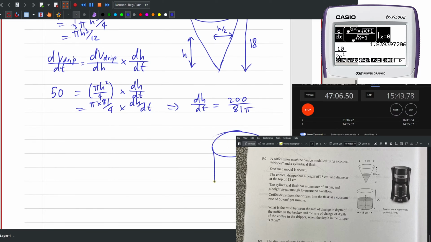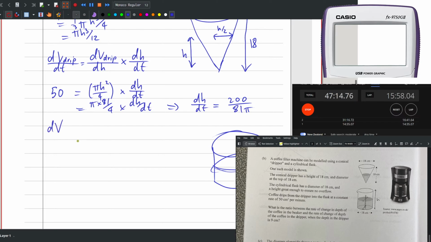Okay, and then we look at the flask. The flask is just a cylinder, right? So it doesn't actually matter what height it is. So V flask is equal to pi r squared h flask, which is equal to 81 pi h flask.